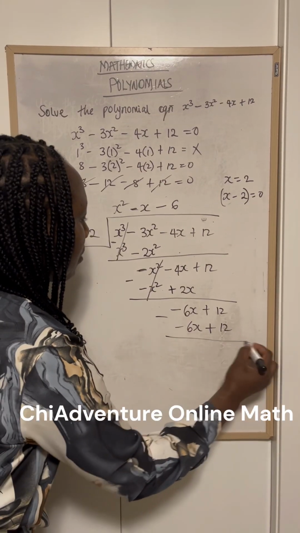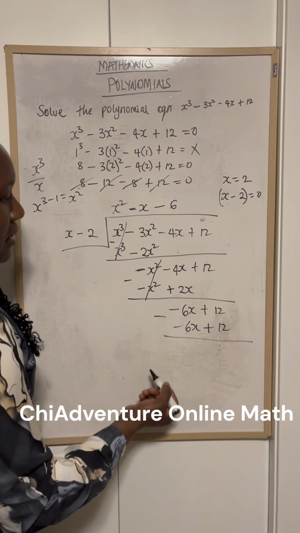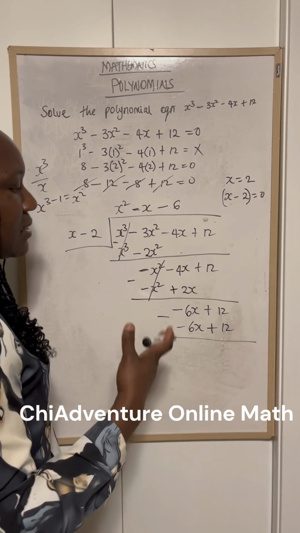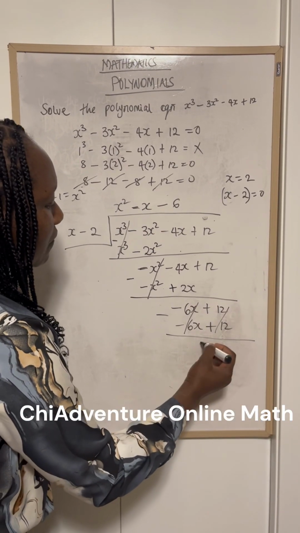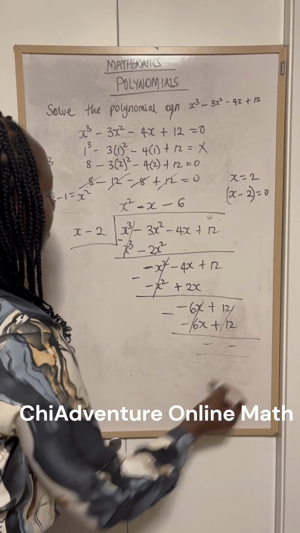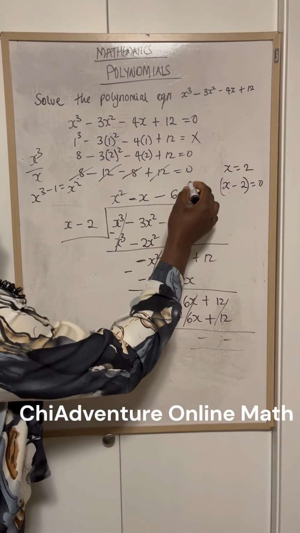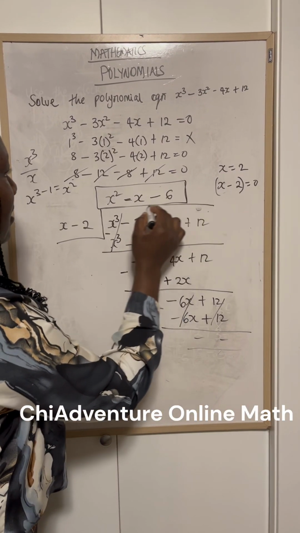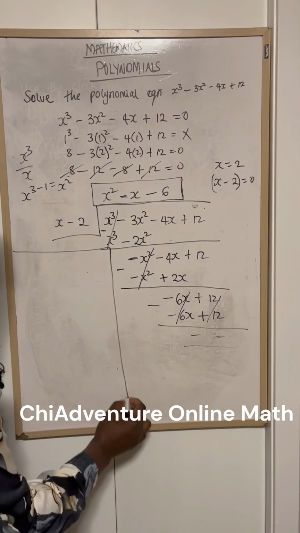When you subtract, minus 6x minus minus 6x is the same thing as saying minus 6 plus 6, which is 0. 12 minus 12 is 0. So this is what? 0. So now we have this factorization equation.